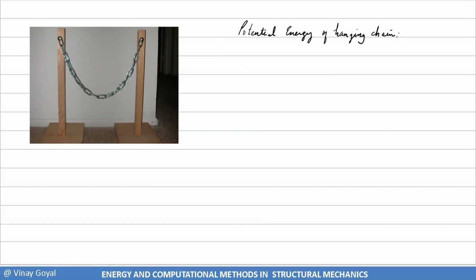The potential energy of this hanging chain F, which depends on x, can simply be found as the integral of a delta mass. So I have an amount of mass dm times the gravity, so mg times h.